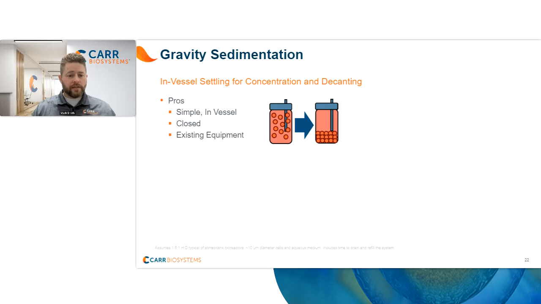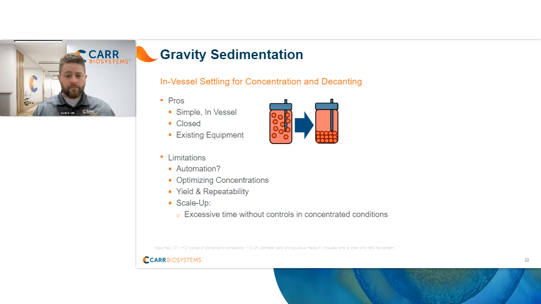But there are some challenges with this, whether or not your system has the automation to enable this. Another piece is that often dip tubes or other devices to draw off or decant the solution are not necessarily built to be optimized for controlling the cell concentration that you get. And that can then be a challenge for yield and repeatability.